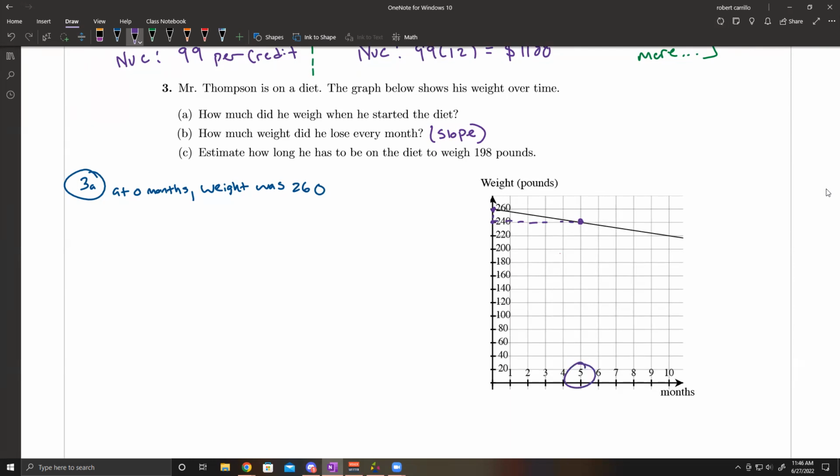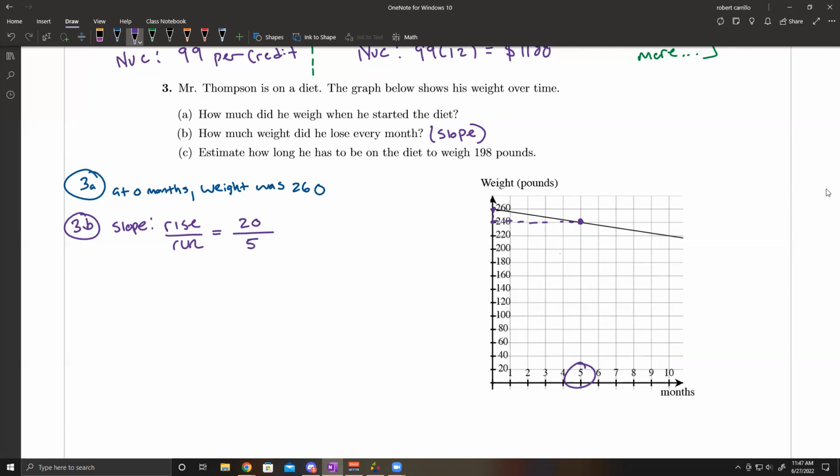5 months. So for 3B, we are looking at the slope. Again, slope is rise over run. We went down 20 units, 260 to 240, and ran over to the nearest, most legible point, which happened to be at 5 months.